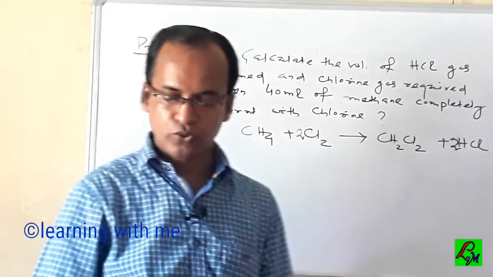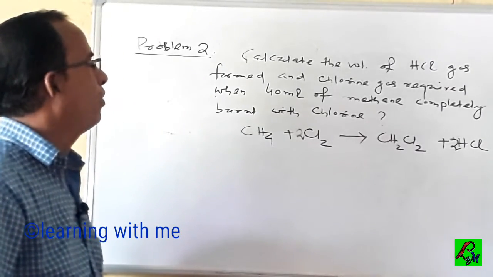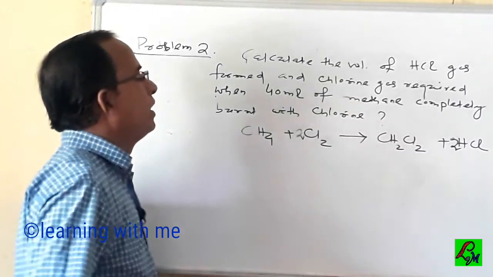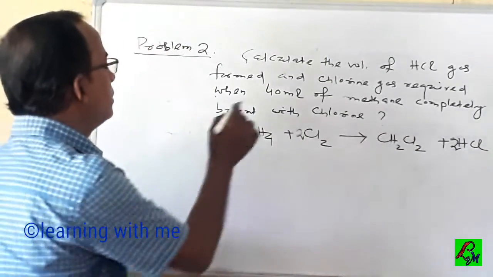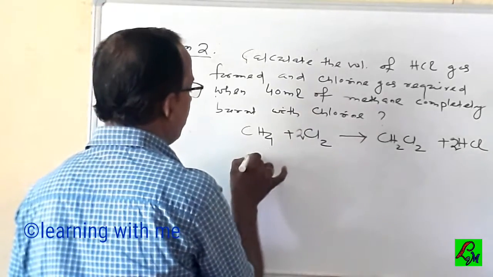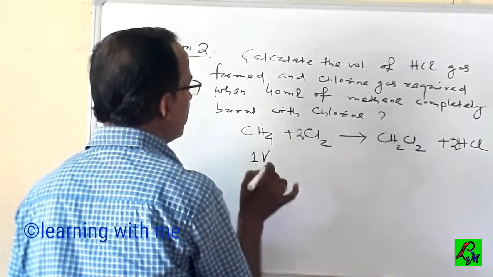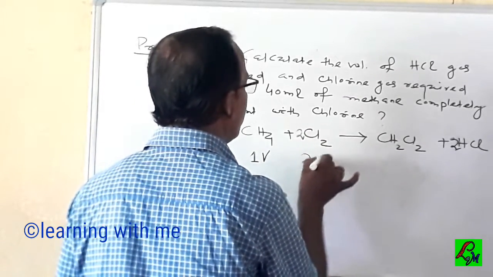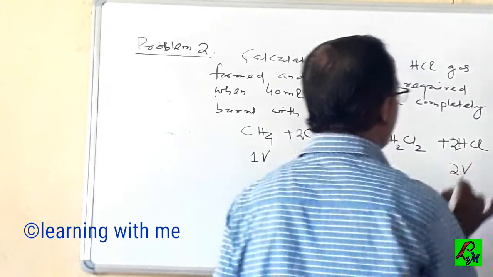Then the question is, calculate the volume of HCl gas formed. Now applying another trick, we can also solve it. The volume of methane here is 1 volume, that is 1 mole, which reacts with chlorine 2 volume, and it produces hydrochloric acid 2 volume.